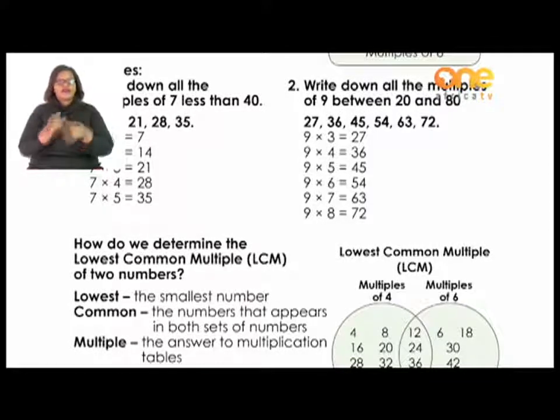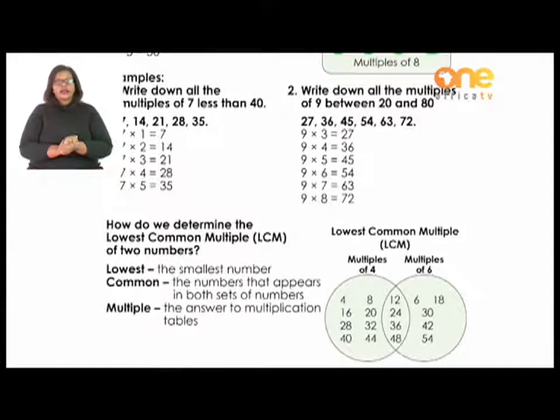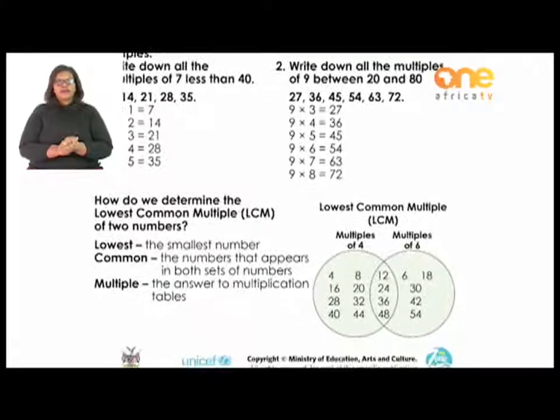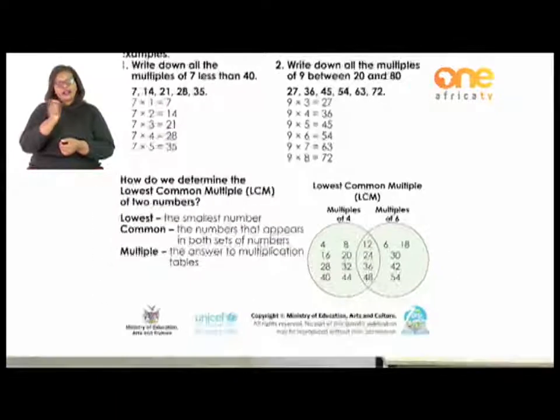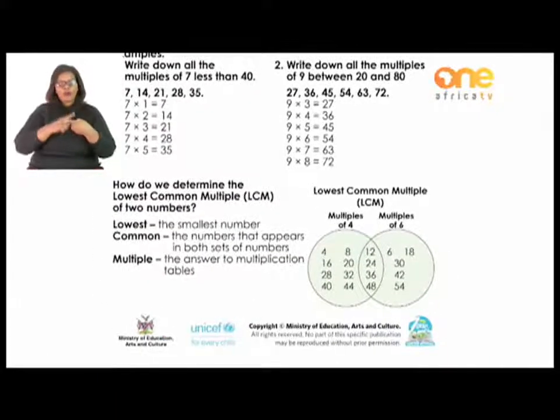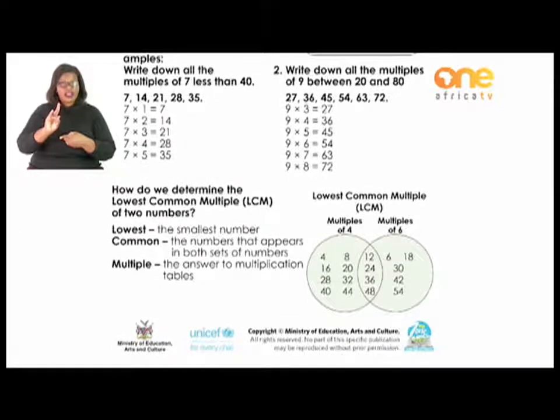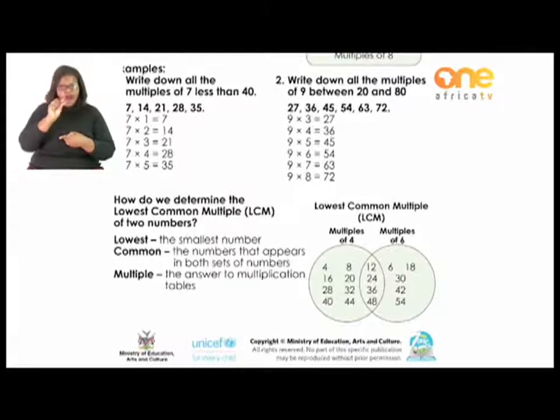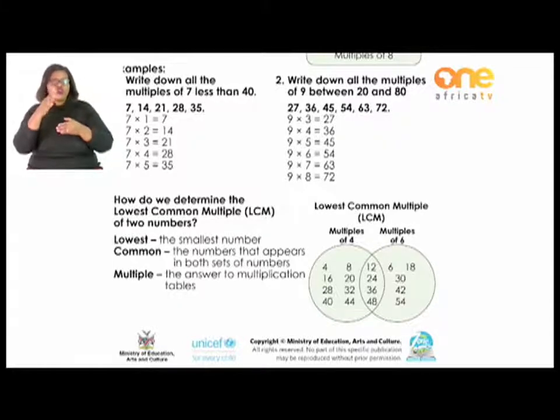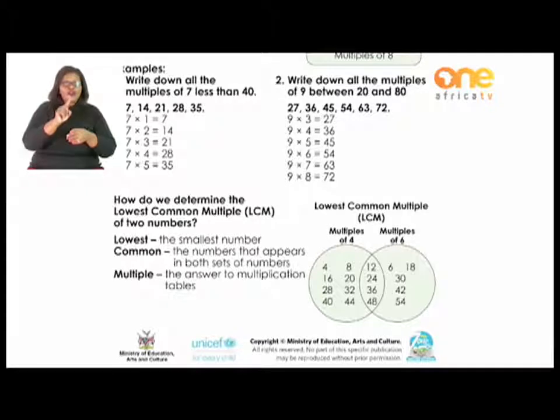We go to our examples. If you are asked to write down all the multiples of 7 less than 40: 7, 14, 21, 28, and 35.